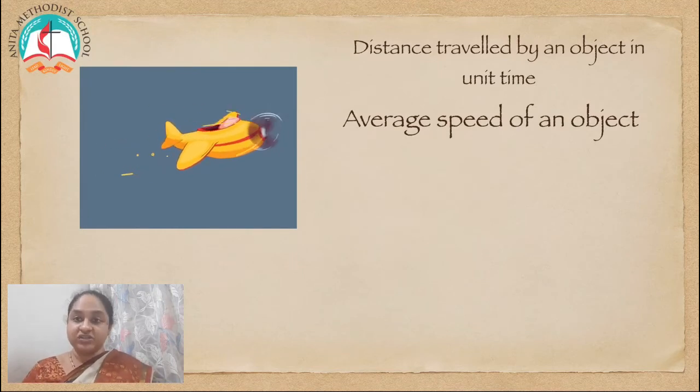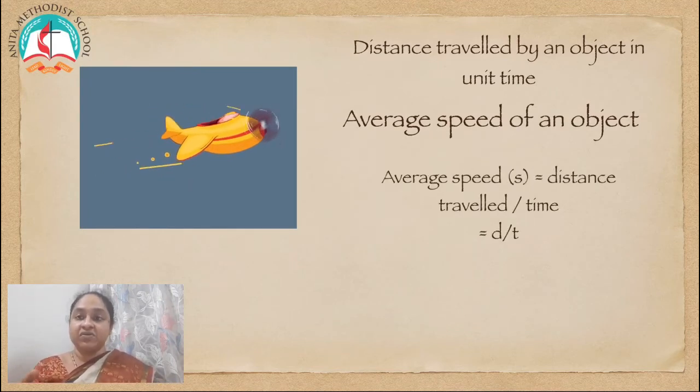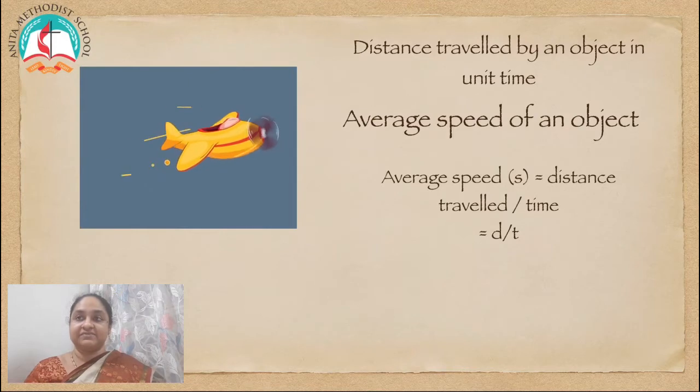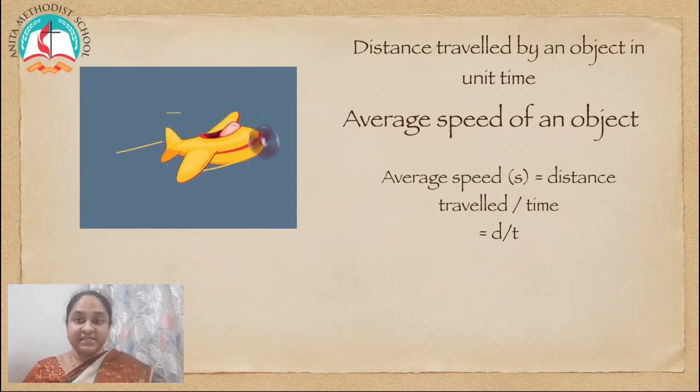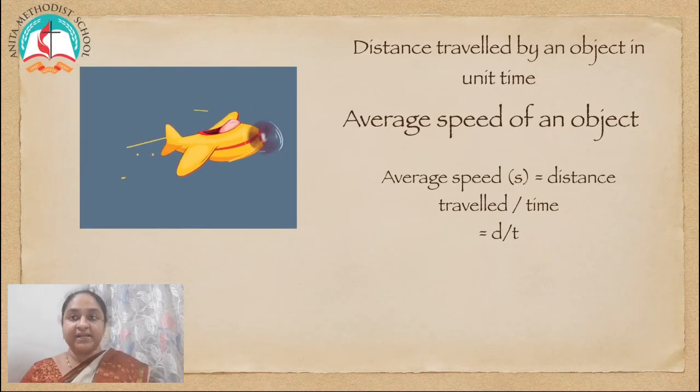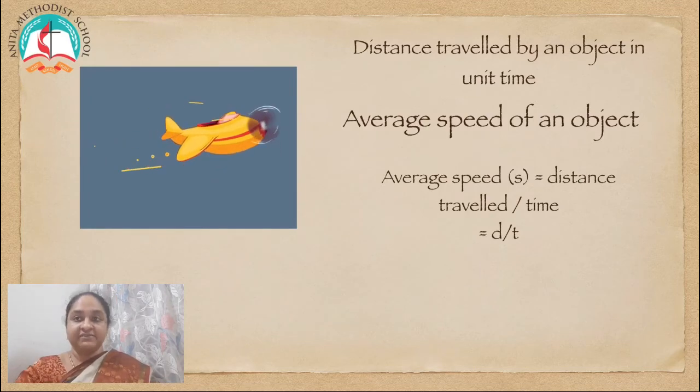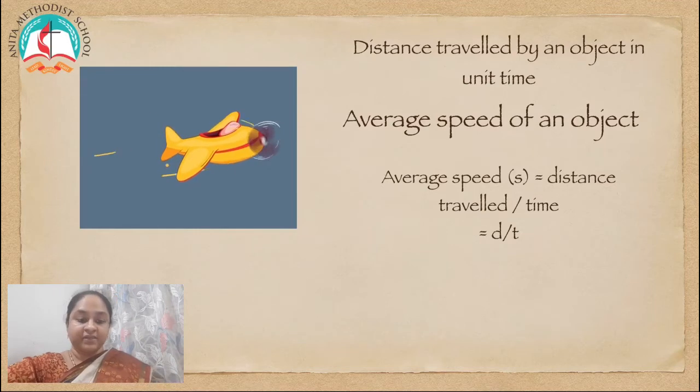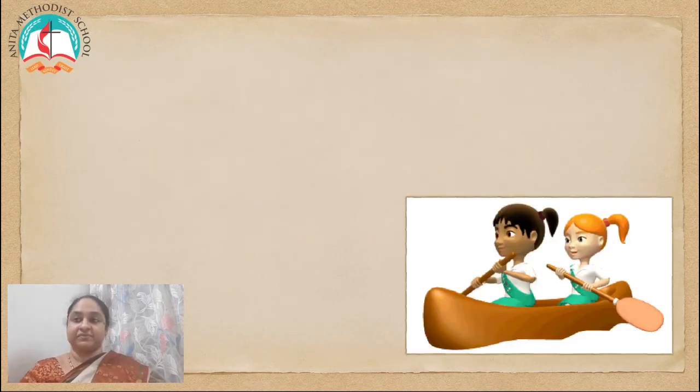Average speed is denoted with small s, which is equal to distance traveled divided by time, small d divided by small t.